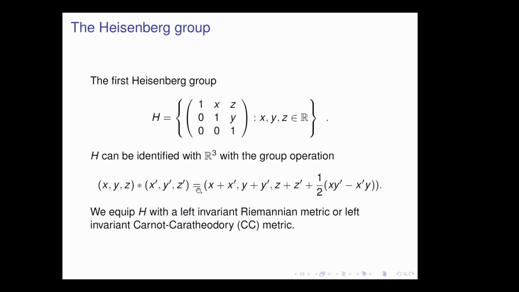The product is given by, in the first two coordinates, the usual addition. In the third coordinate, in addition to z plus z prime, you have this term involving the coordinates from the first two coordinates. So it's half of x y prime minus x prime y.